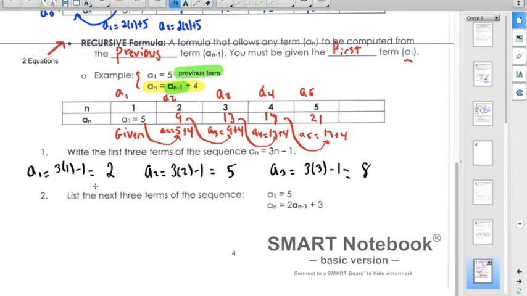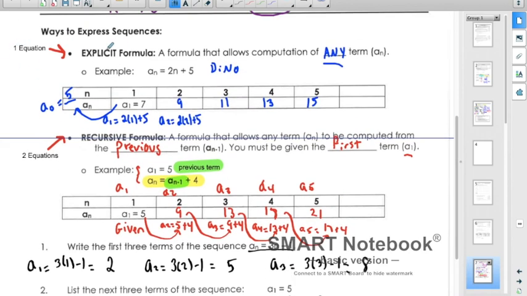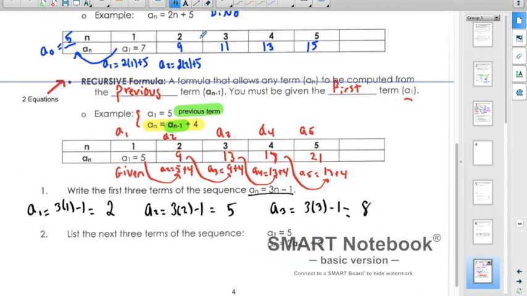Now, try and be aware of what kind of formula they give you. Here, they gave us a sub n is equal to 3n minus 1. It's only one equation, right? And we said up here, one equation is always explicit. So, for number 1, they gave us an explicit formula to work with.